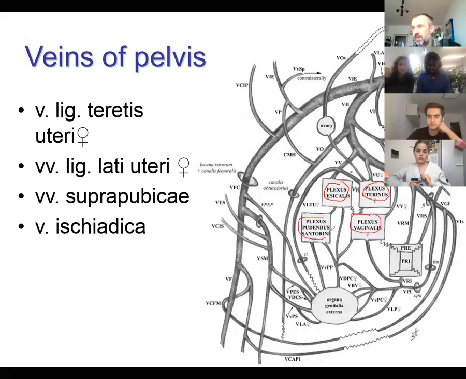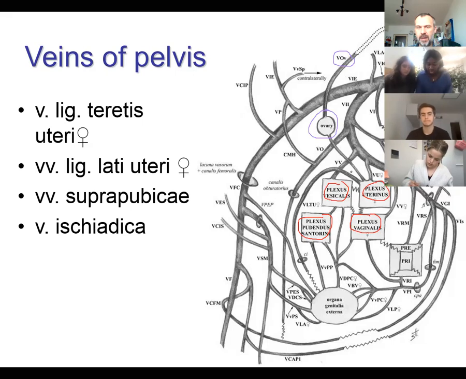So we have the plexuses and they are drained not only by corresponding veins, but also along the ovary into the ovarian vein and inferior vena cava. They are drained from the rectum along the superior rectal vein into the inferior mesenteric vein and portal vein.